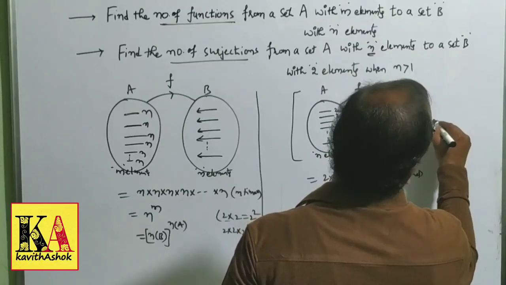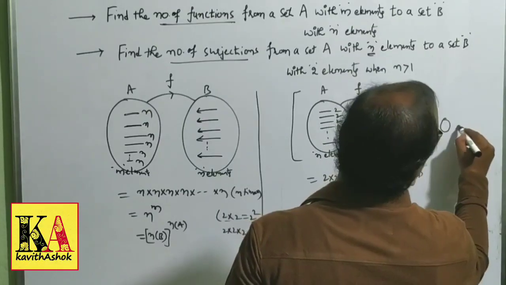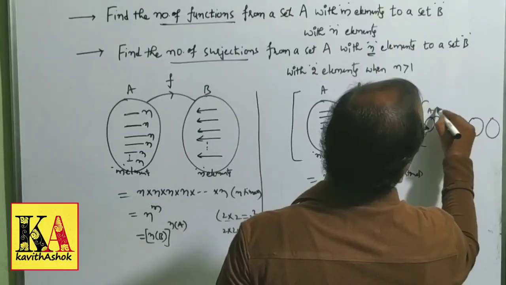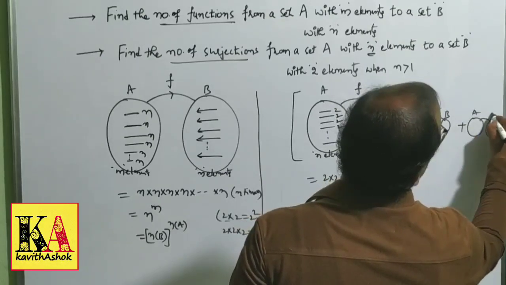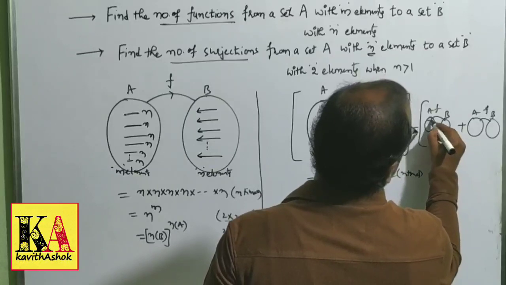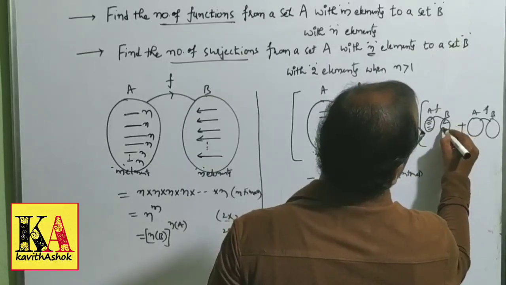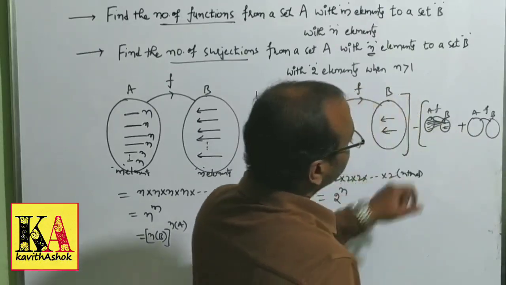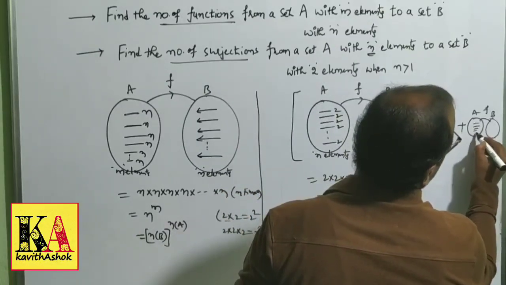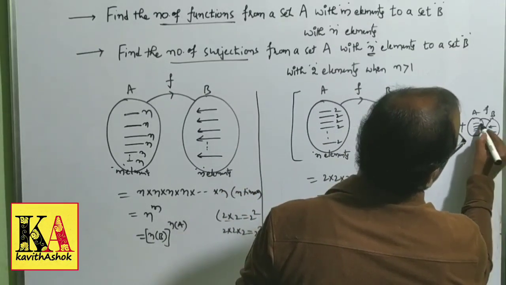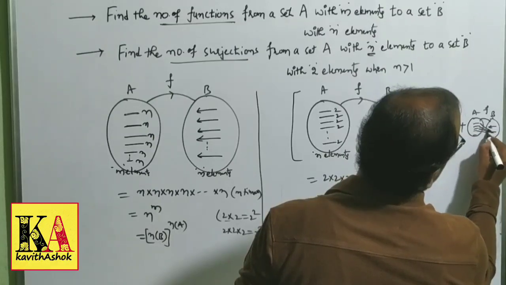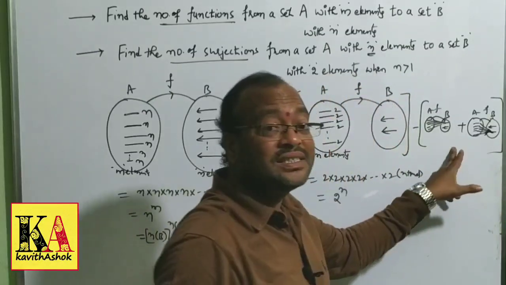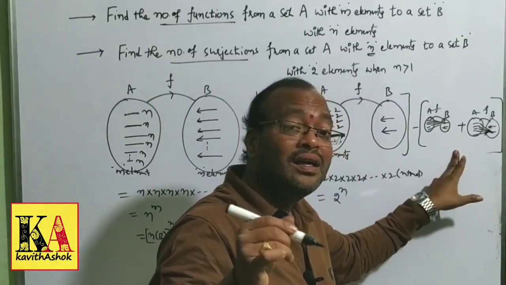The function f from A to B where all elements are related to this one, and this one where all elements are related like this. These 2 are what? Functions, but not the surjections.